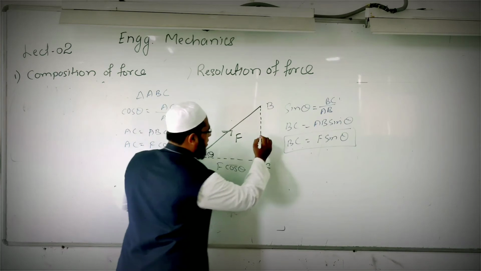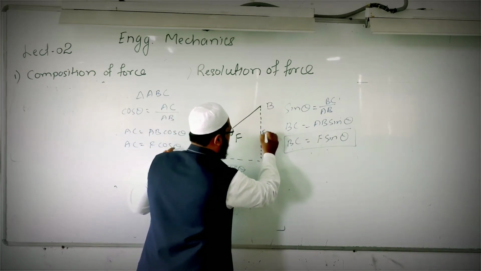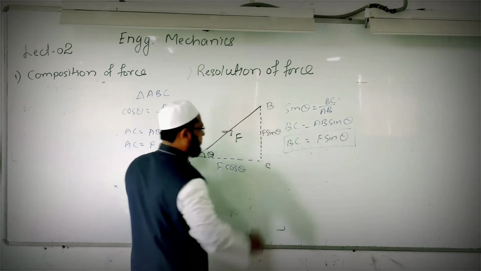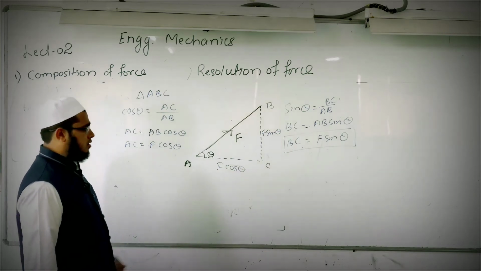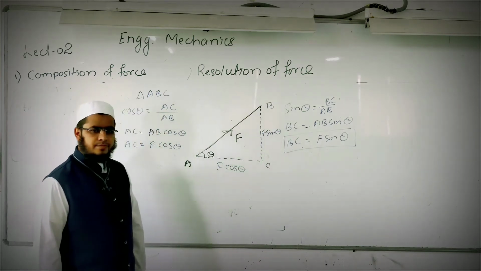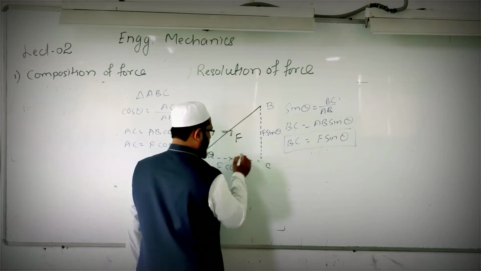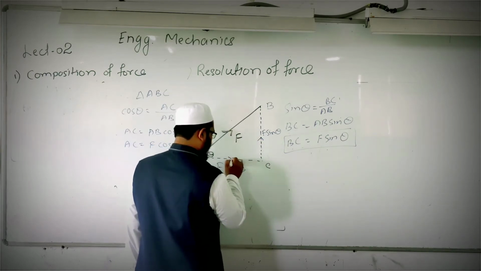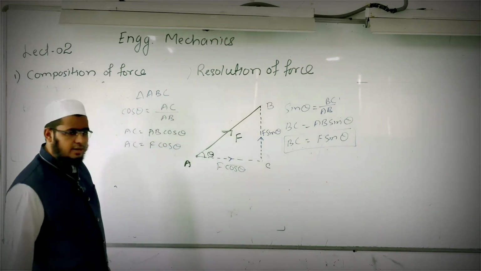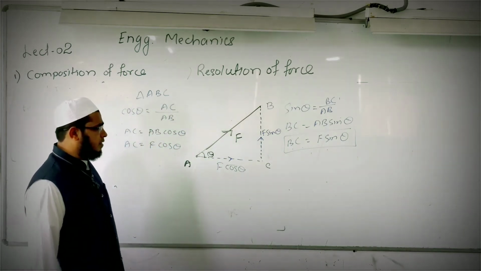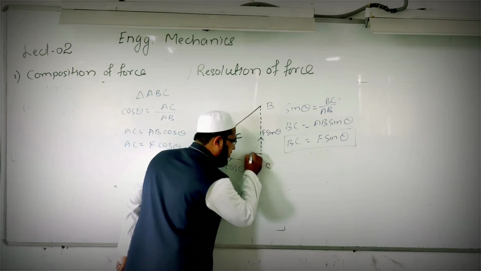AC is F cos theta and BC is F sin theta. These are the two components, rightward and upward components, making an angle of 90 degrees.